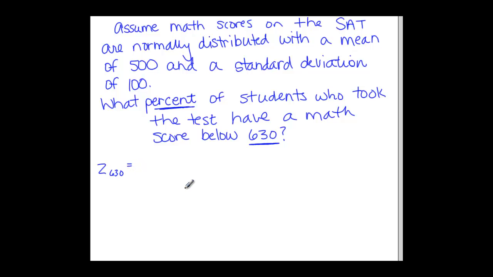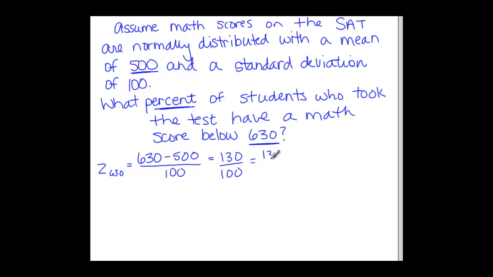Remember before when we found that the formula is the piece of data, so 630 minus the mean was given in the problem, 500, divided by the standard deviation, and that was also given to us in the problem. The standard deviation was 100. So 630 minus 500 would be 130 divided by 100.